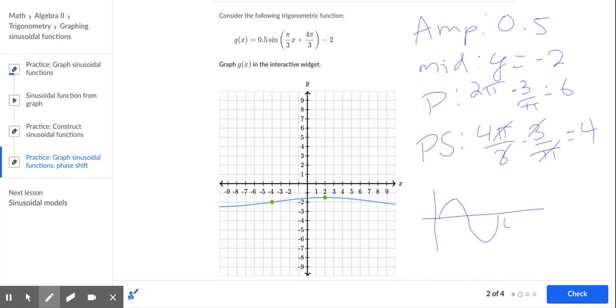So this would be 6, which makes this 3, which makes this 1.5. Basically, it's 6 divided by 4. It's the period divided by 4 is where the maximum would be. So period divided by 4 is the maximum, which is going to be 1.5.